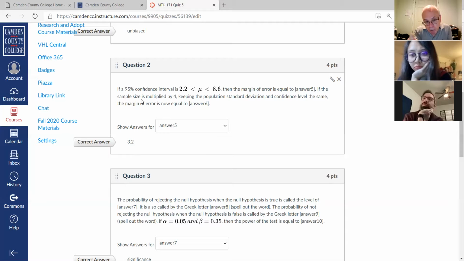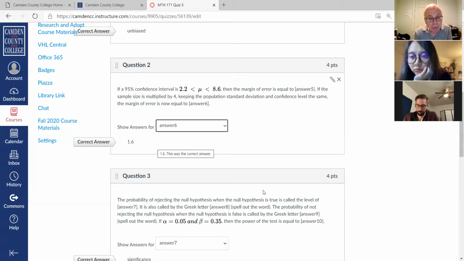If you have a fraction where the denominator increases by a factor of 2 and the numerator stays the same, the fraction decreases to a half of what it was. So the answer for question 6 is 1/2 of 3.2, which is 1.6.